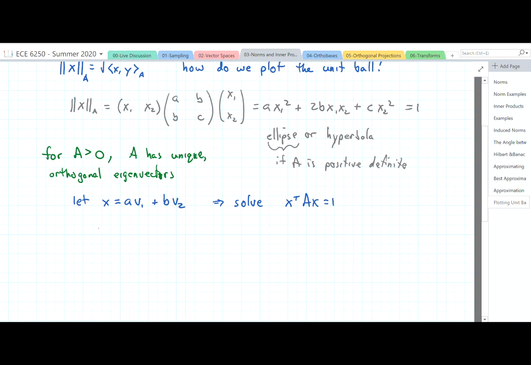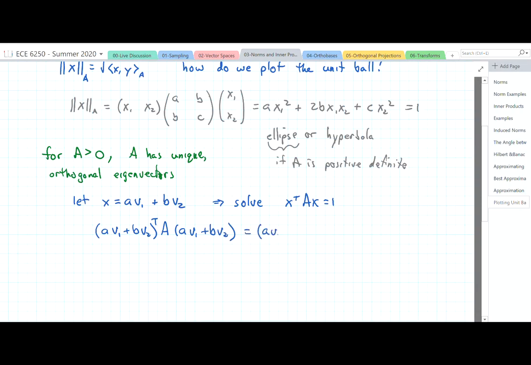All right, so this gives us (a V1 plus b V2) transpose times A times (a V1 plus b V2).